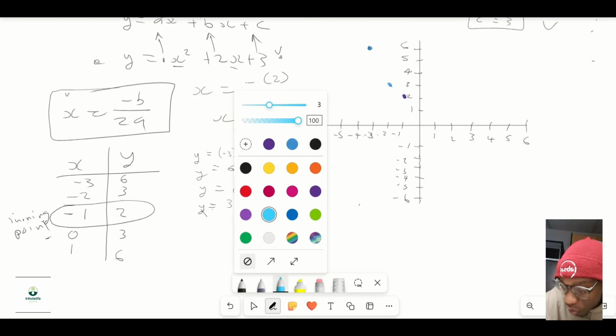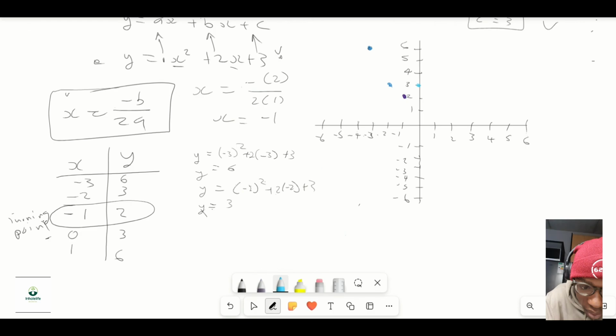And then our next point is 0 and 3. So we're going to have 0 as our x and 3 as our y. So it's going to be somewhere here. And then our last point is 1 and 6. So we're going to have 1 as our x and 6 as our y. Okay, so now we have plotted all our points.